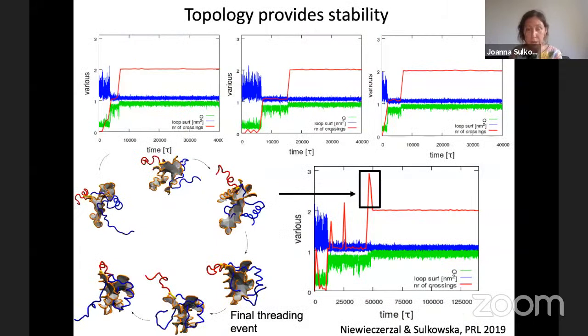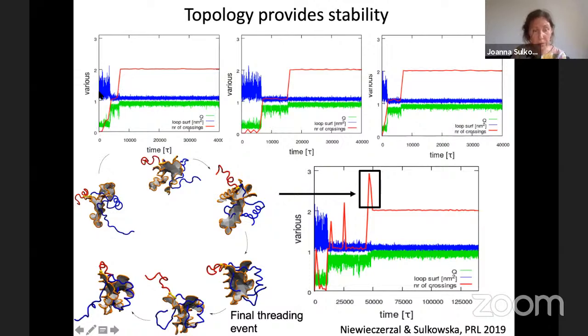But what I think is even more interesting is to think about what the topology is giving to the protein. Here we found that maybe you can study the fluctuation of the minimal surface. This is what you can see in the blue. Blue is the variance of the fluctuation of the minimal surface, and the red curve is telling you how many crossings you have.